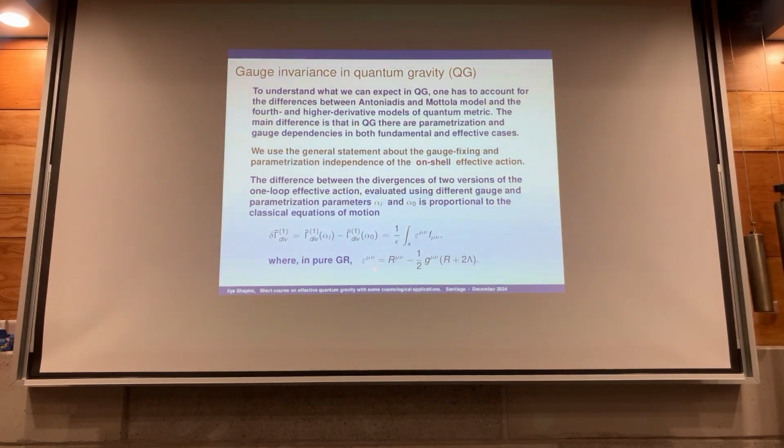Like if you have generativity, then you have this expression. Okay, this is the Einstein equations with cosmological constant. So this is epsilon mu. But this difference is proportional to epsilon mu, and here is some f mu, some extra factor. On the other hand, we know that in all the theories of our interest, these gammas at one loop are 4 derivatives. In Einstein gravity, it's 4 derivatives because it's not renormalizable.